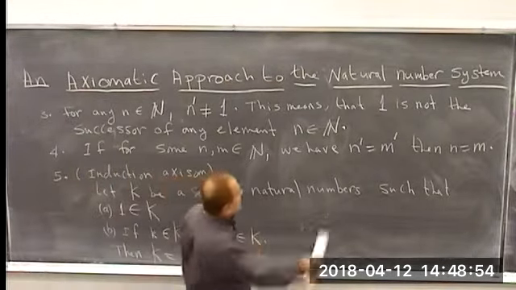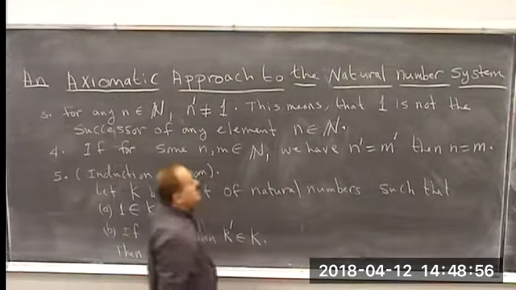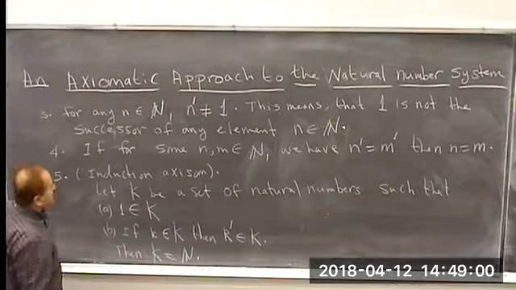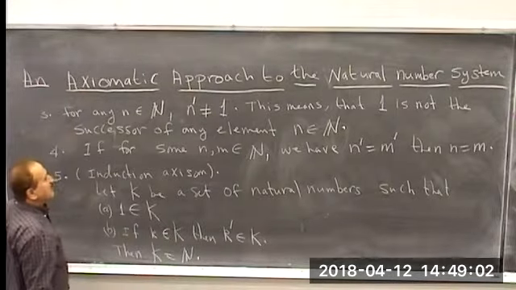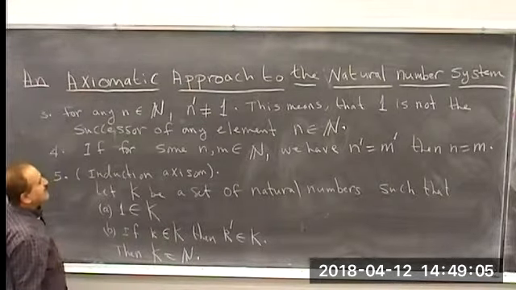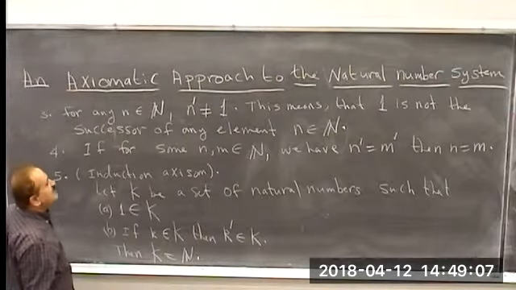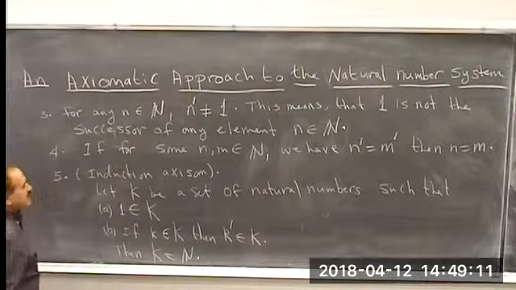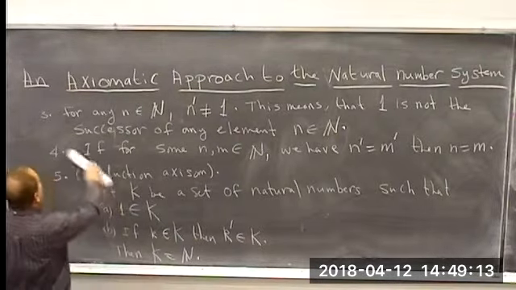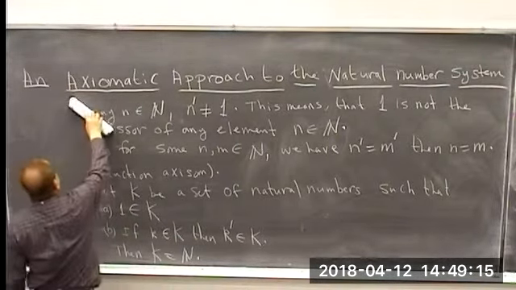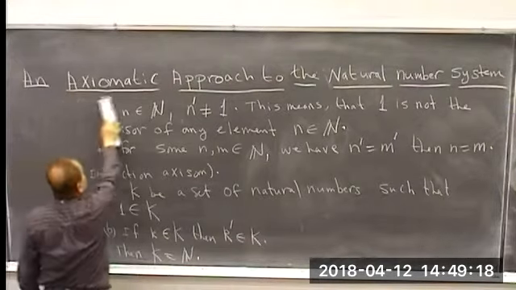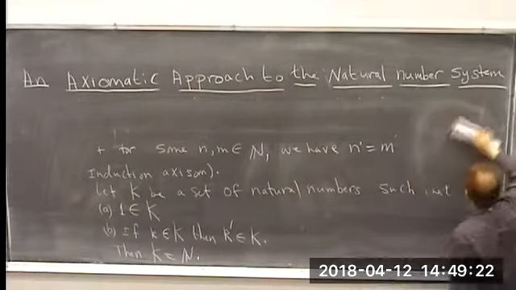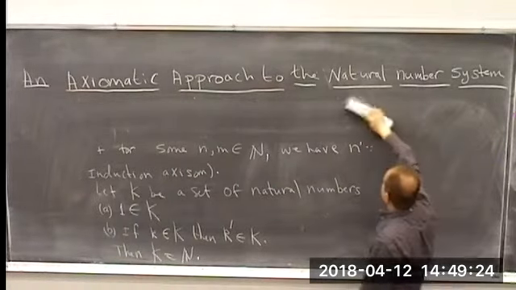Now, remember the natural numbers, or the counting numbers, have been known to humanity for many centuries, at least thousands of years, and only this approach was given in 1899. So way after people were familiar with all types and properties of natural numbers.